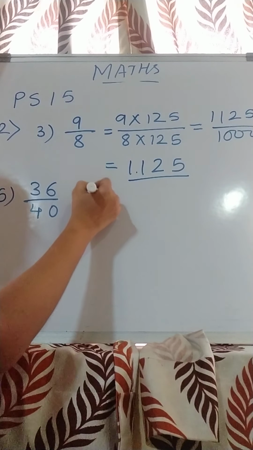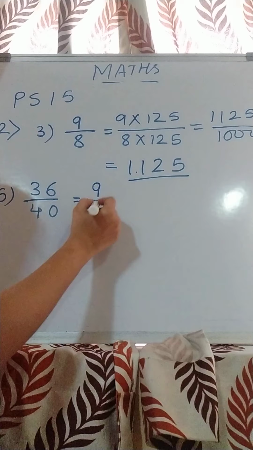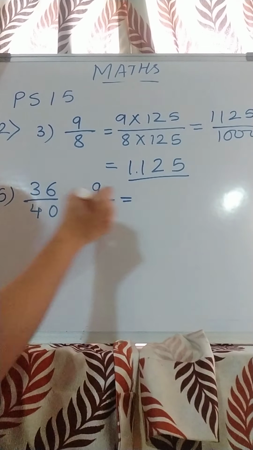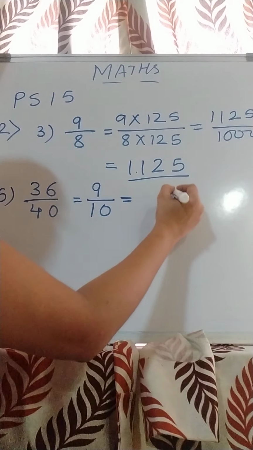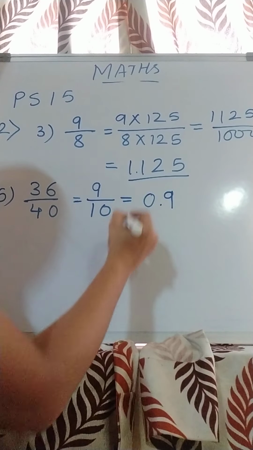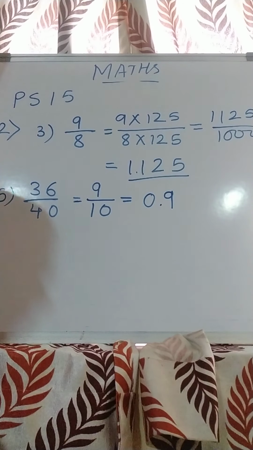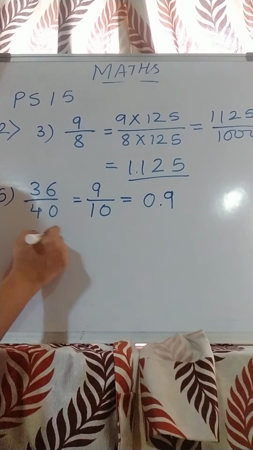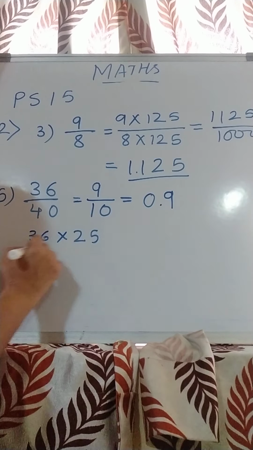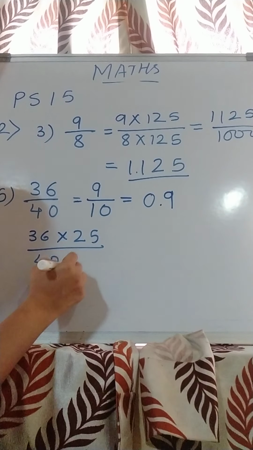So, 4 9s are 36 and 4 10s are 40. Here you directly get a multiple of 10 and your answer will be 0.9. Otherwise also you can solve it: 36 multiplied by 25 and 40 multiplied by 25.